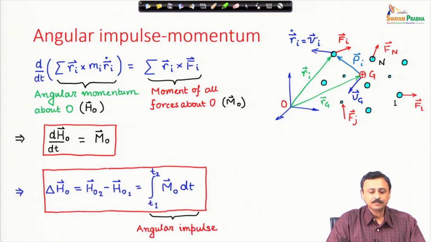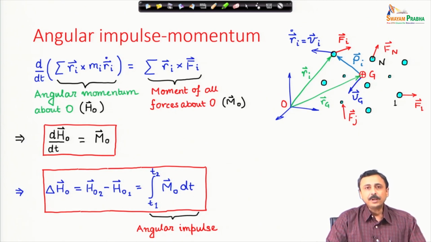If I integrate over time, straight away I will get the angular impulse momentum relation. If I look at two time instants t1 and t2, the change of angular momentum is equal to the impulse of the moment of all forces over this time interval.